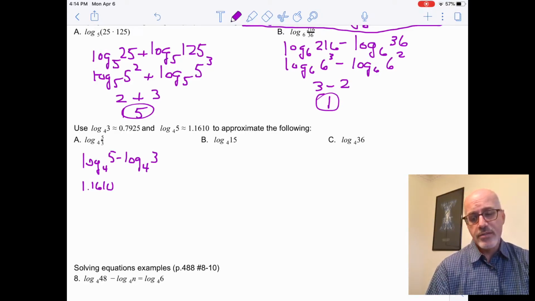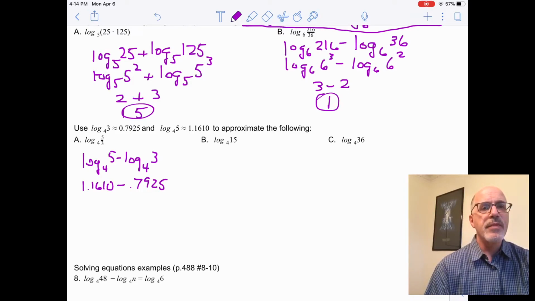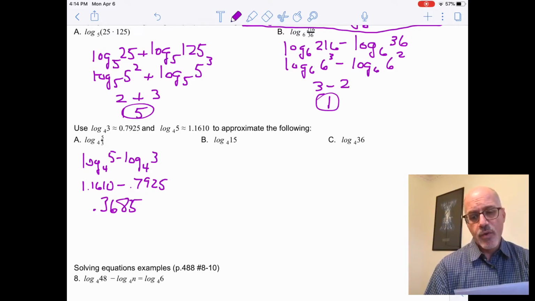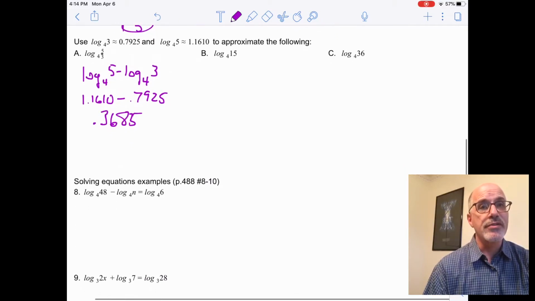Substitute in the approximations given in the directions, so we'll have 1.1615 minus 0.7925, and when we subtract those we get 0.3685 for an answer. Now this is, again, an approximation, but what that means is 4 to about the 0.3685 power is about 5/3.